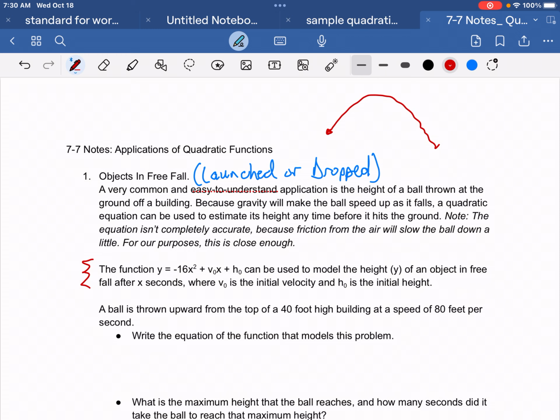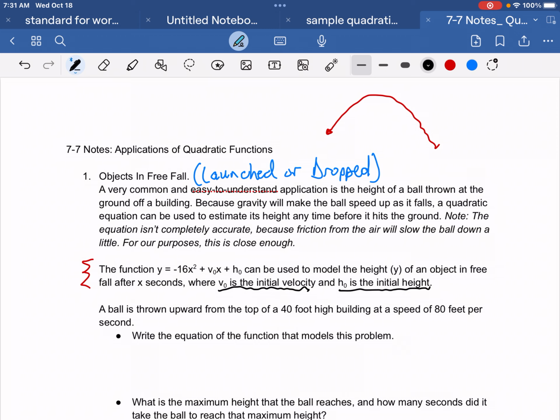It's got something to do with gravity being 32 feet per second, and you take half of that. But anyway, I'll leave that to them. This can be used to model the height, y, of any object in free fall after x seconds. v subscript 0 is the initial velocity, and h subscript 0 is the initial height.